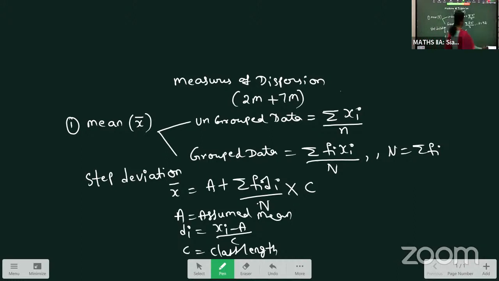Next, median. The most important one, median. Median is denoted by either small m or capital M. Here also, the same process will be there. If it is discrete data or continuous data, how to find out median? First, when median is there, arrange the series in ascending order.